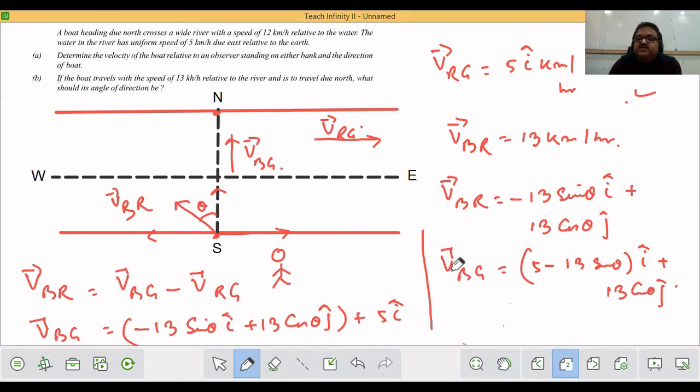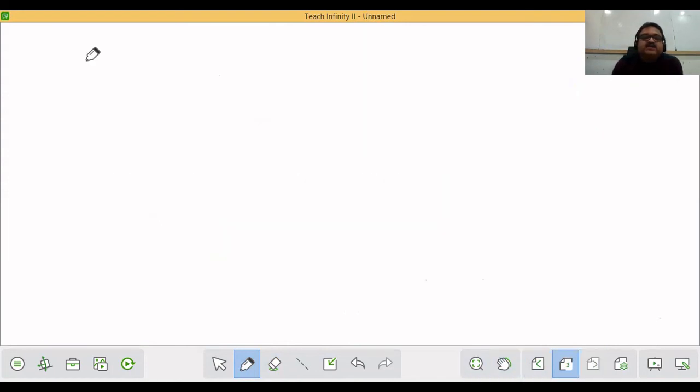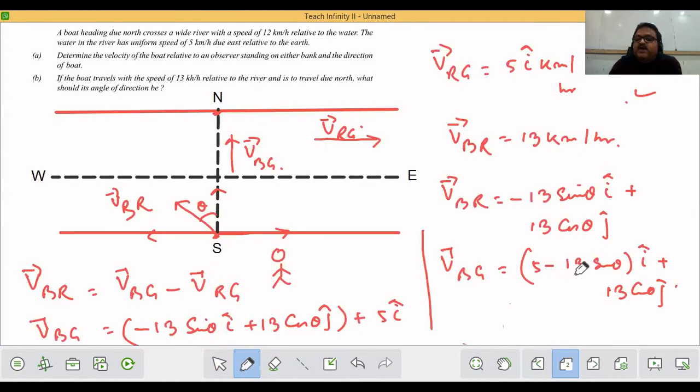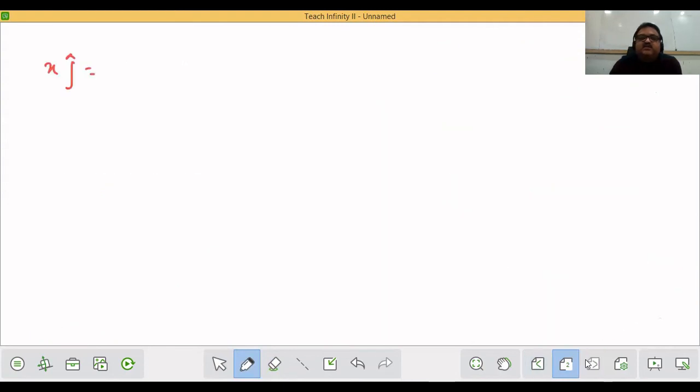That means, let me write down: x j cap is equal to (5 minus 13 sine theta) i cap plus 13 cos theta j cap.